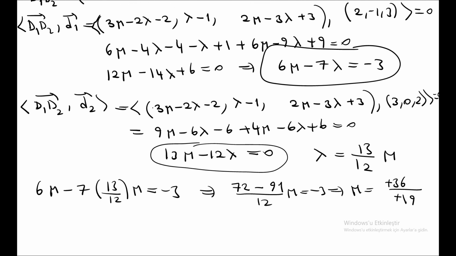Now we find the lambda. Lambda will be 13 over 12 times mu, so 39 over 19.